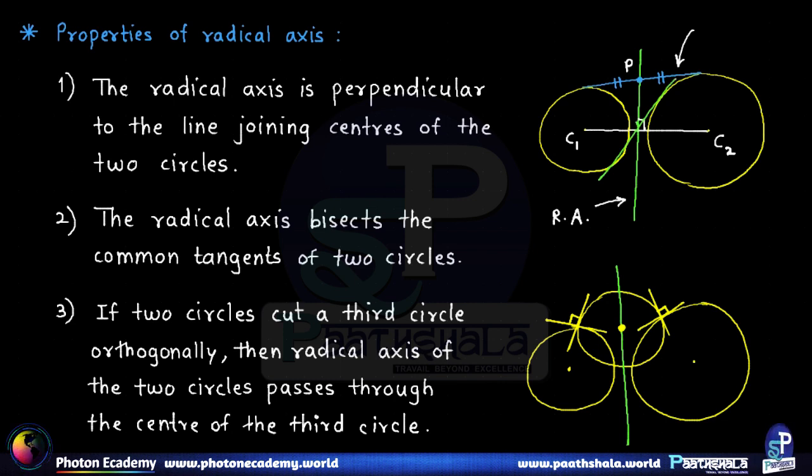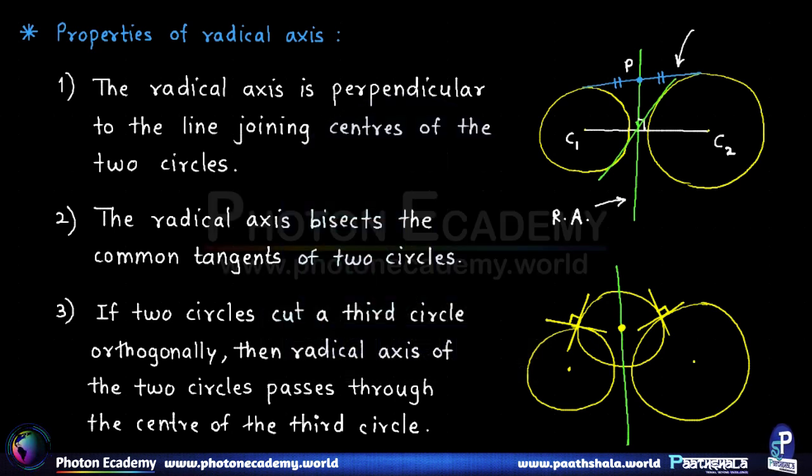The third property states that if two circles cut a third circle orthogonally, then the radical axis of the two circles passes through the center of the third circle. We have seen earlier that orthogonal intersection means the two circles cut each other at right angles. Similarly, the other circle also cuts the third orthogonally.